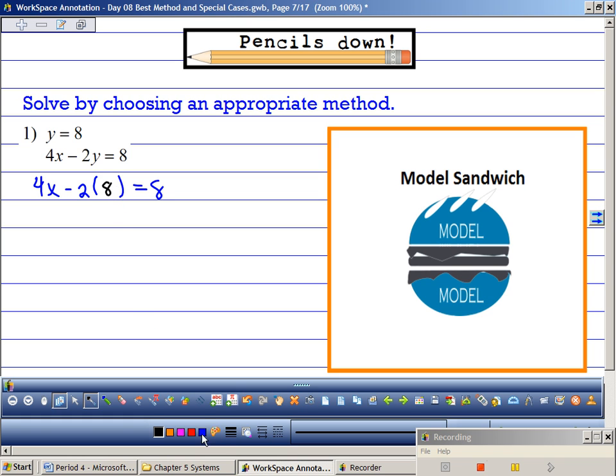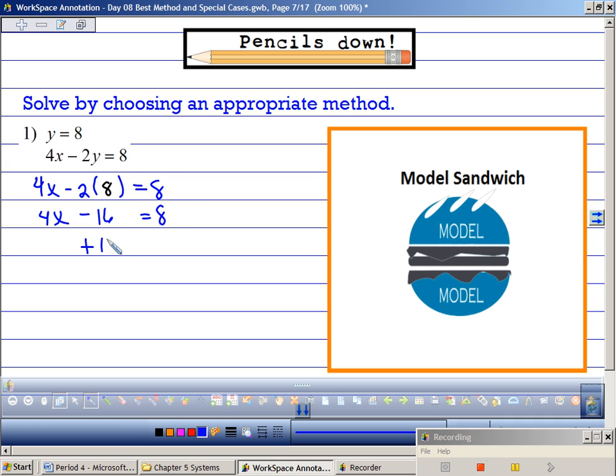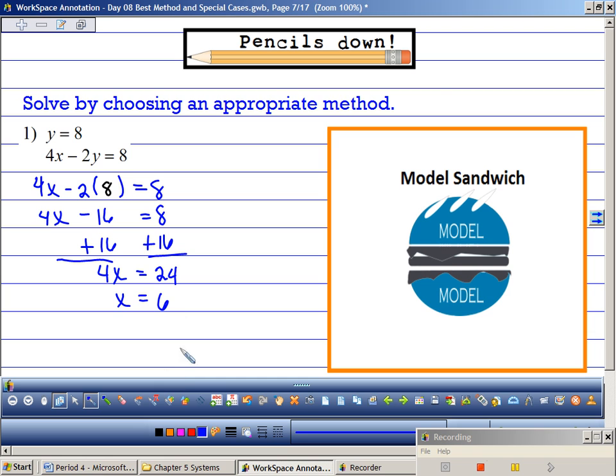Y equals 8. So I have 4x minus 16 equals 8. Add 16 to both sides, and I get 4x equals 24. If 4x is equal to 24, how much is 1x equal? 6.